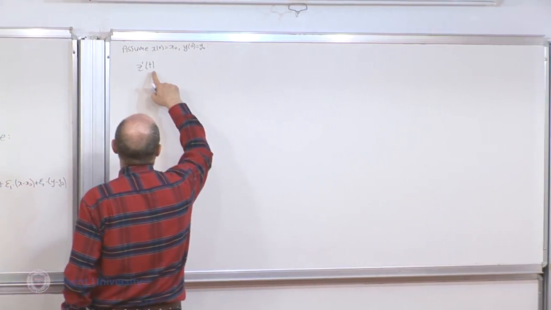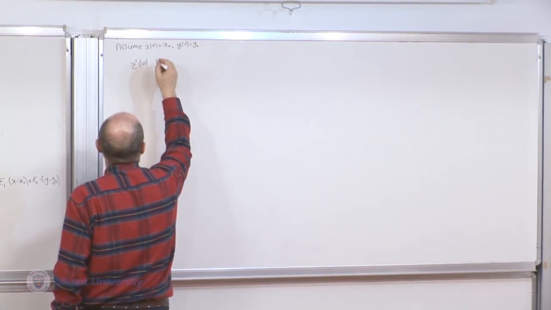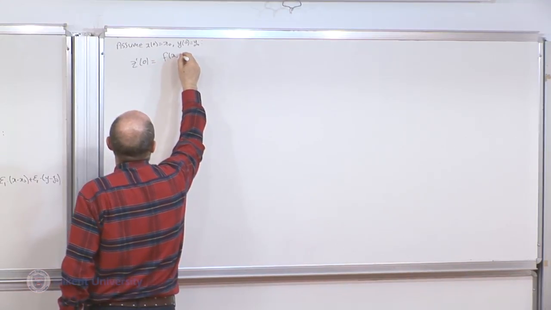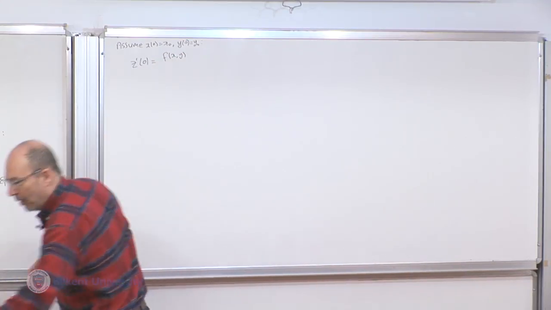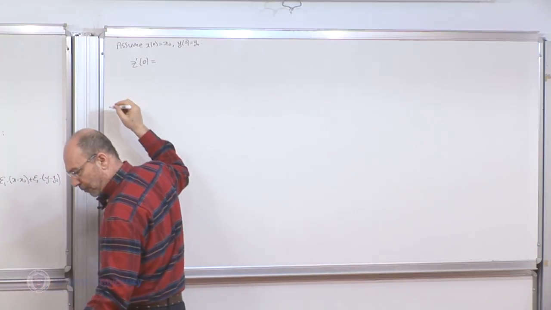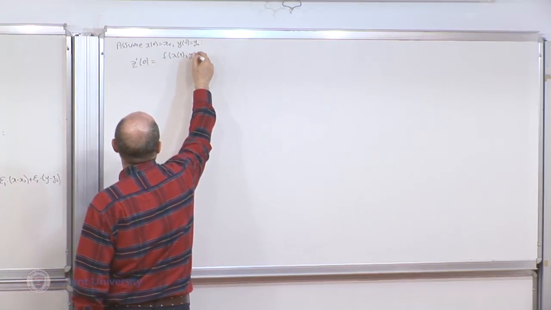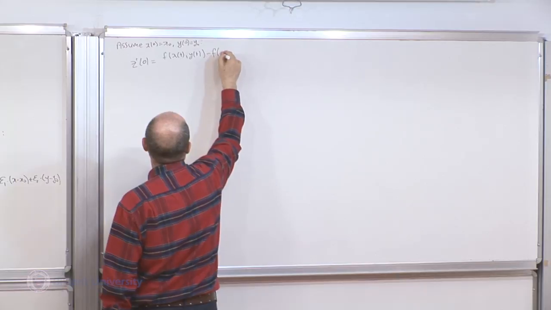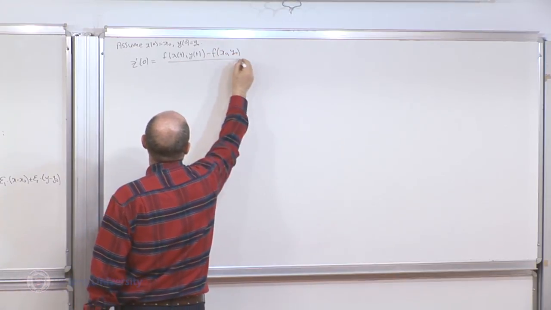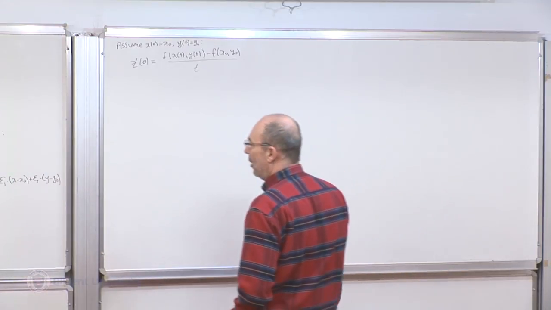So the derivative at t equals 0 is f of x of t, y of t minus f of x sub 0, y sub 0, corresponding to this, and then I divide it by t.